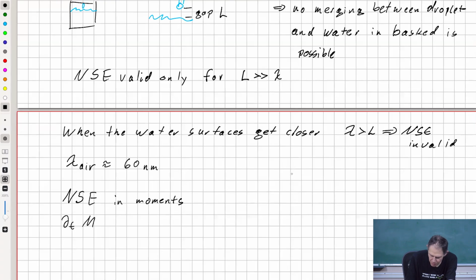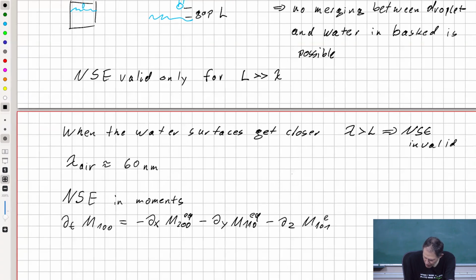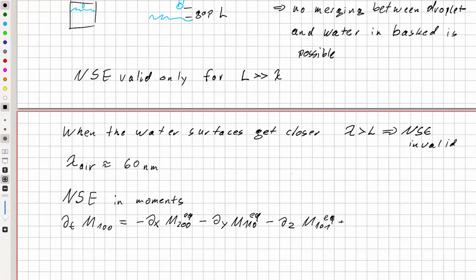Now this would be dt m100 is equal to minus dx m200 equilibrium minus dy m110 equilibrium minus dz m101 equilibrium, and then we had plus tau 1/3 dx x m300 equilibrium.